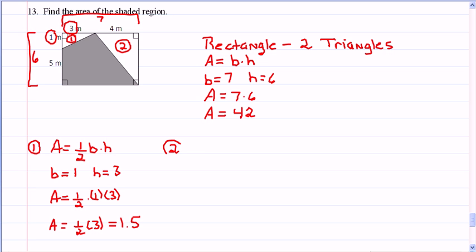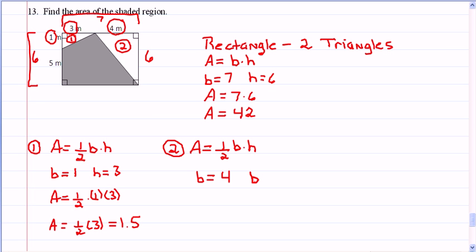Now for triangle 2, same area formula, area equals 1/2 base times height. The base of triangle 2 is equal to 4, that's this length right here, and the height is equal to 6 because in the rectangle opposite sides are equal.